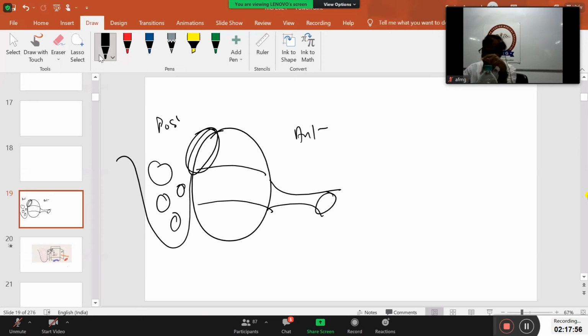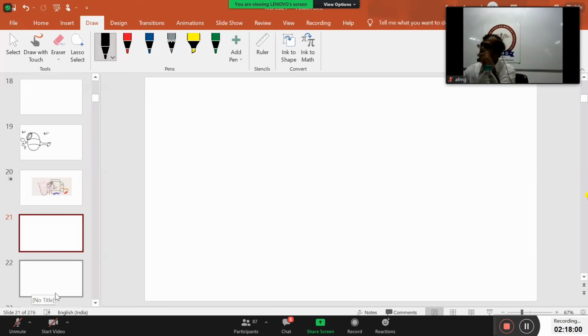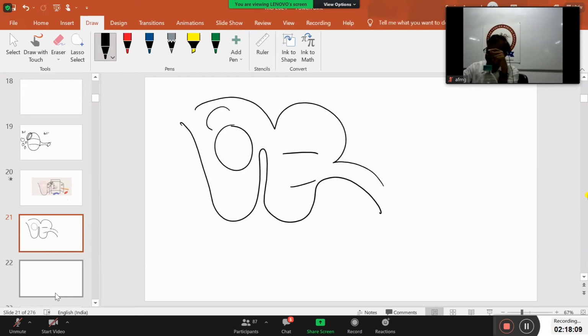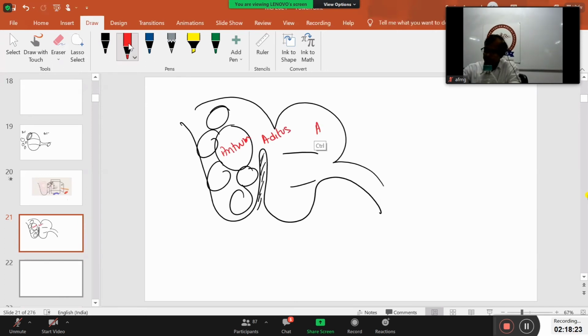Something like this. So I'll draw the same diagram again, but in continuity, which is you also have to draw this one. This is the mastoid. This is the Eustachian tube. Now you know everything. This is antrum. This is aditus, door.